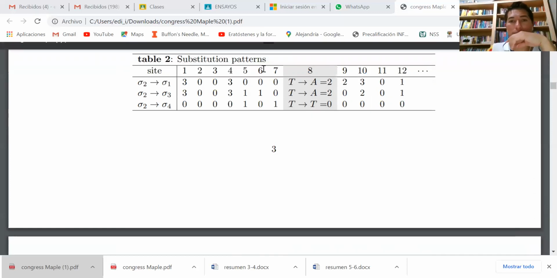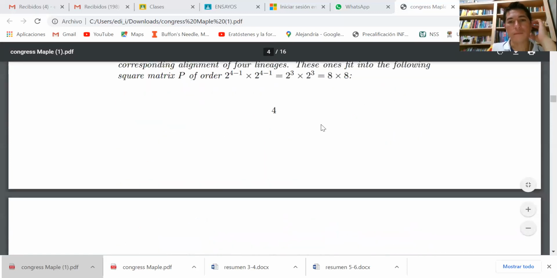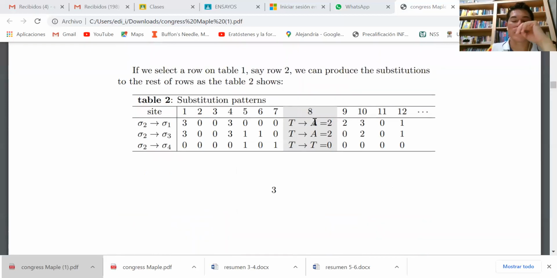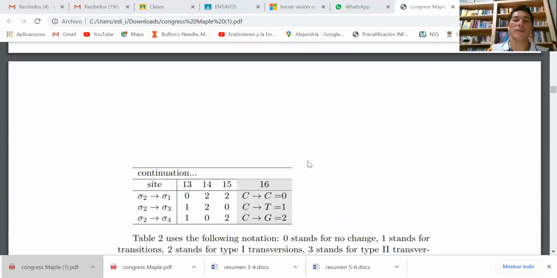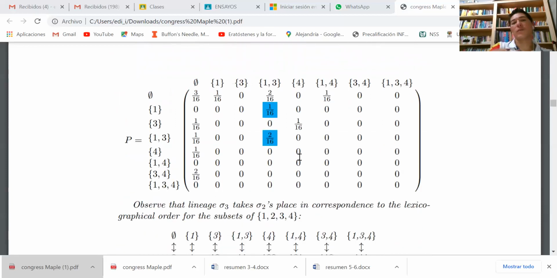Okay? So these sequences of 3 integer numbers represent different substitution patterns. Then what we do is counting how many different substitution patterns are on this alignment, and the corresponding relative frequencies are included into this matrix P according to a particular indexing.